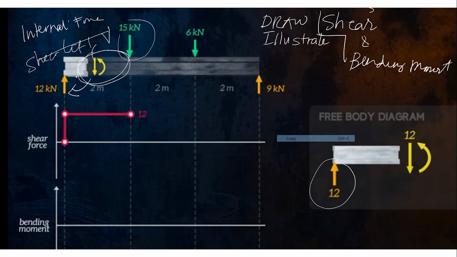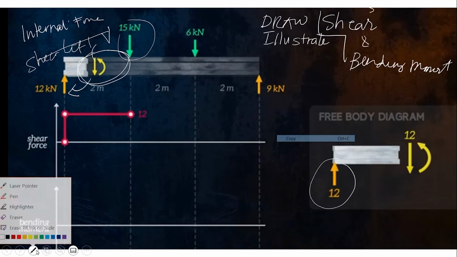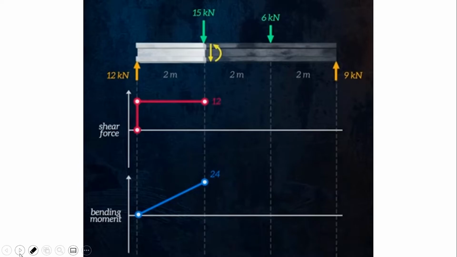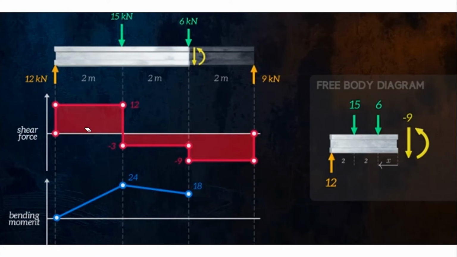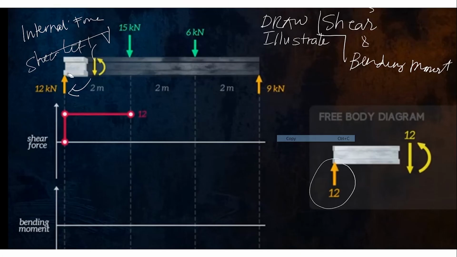So how do we draw? So we draw here. The thing here is how do we start to draw the shear diagram. Okay, so how do we start to draw?